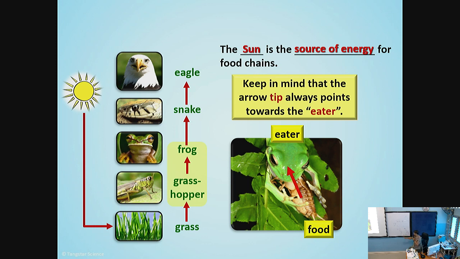If the grass is the eater and the grasshopper is the food, can the grass eat the grasshopper? No. Please remember this one is wrong and this one is correct. Did you follow? Yes or no?